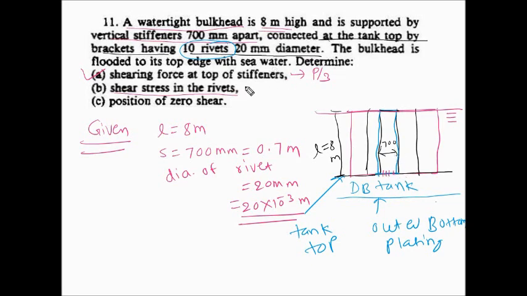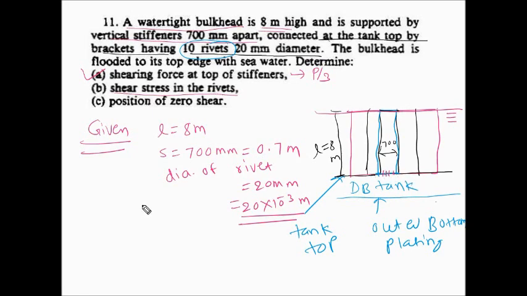Whatever shear force is coming at the bottom of the bulkhead will all be acting on the rivets. So if you know the shear force at the bottom of the bulkhead, you can easily find the shear stress.